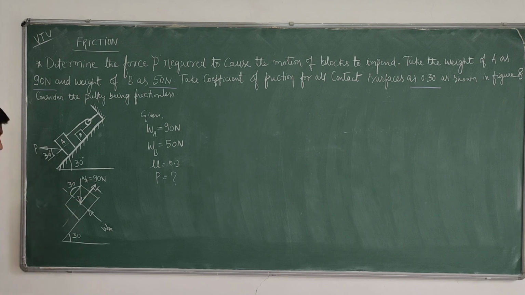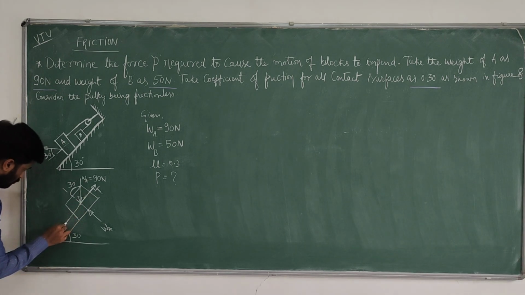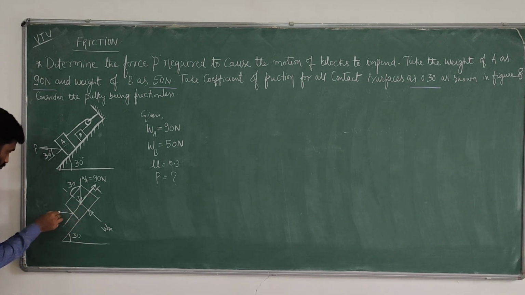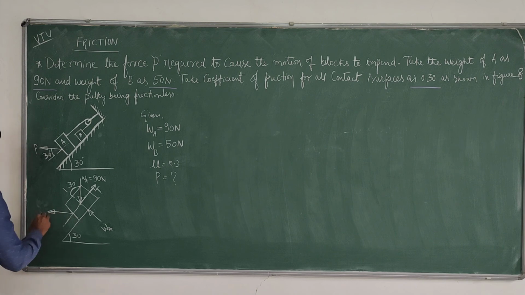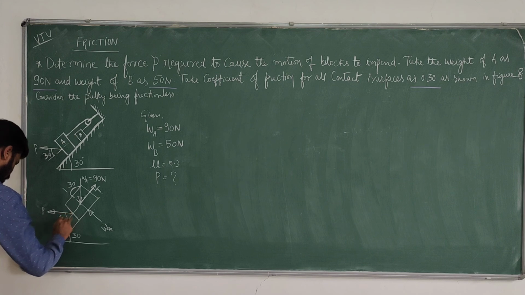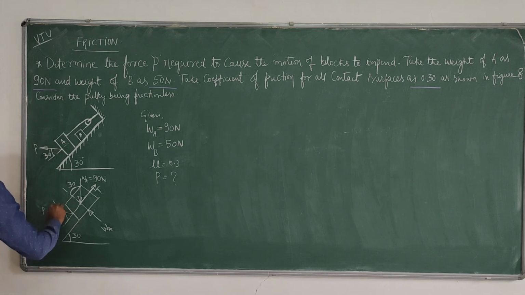And we also have one more force, that is P at an angle of 30 degrees. If you resolve these two forces, it becomes P cos 30 and P sin 30.